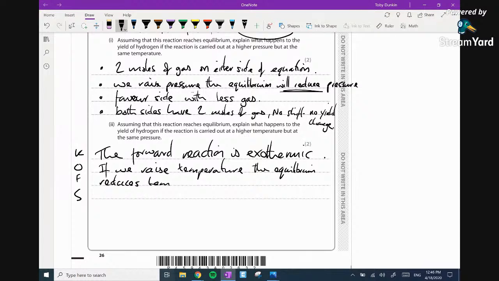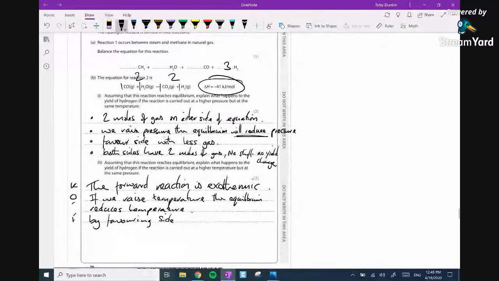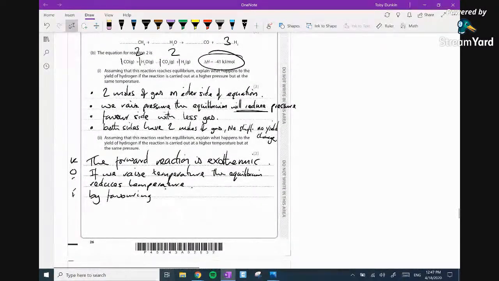I'm going to be good as if I'm in an exam. Reduces temperature by favoring... Oh, hang on. No, made a mistake. By favor, what are you going to do? It's trying to reduce it. That's what the equilibrium's trying to do.